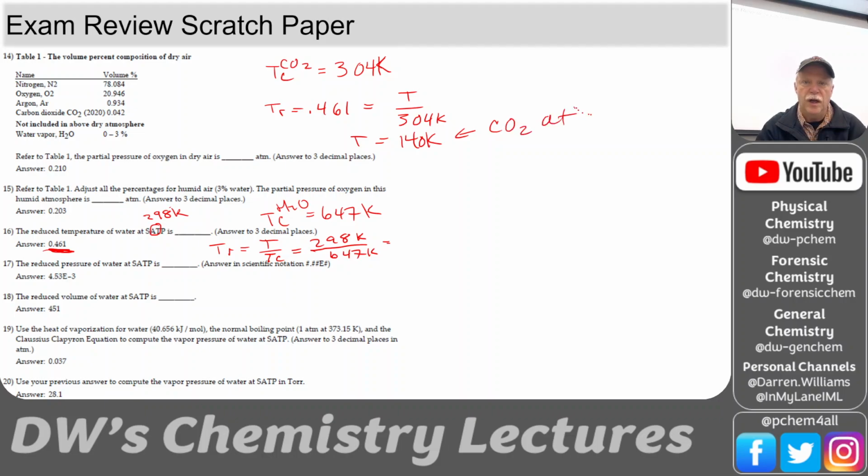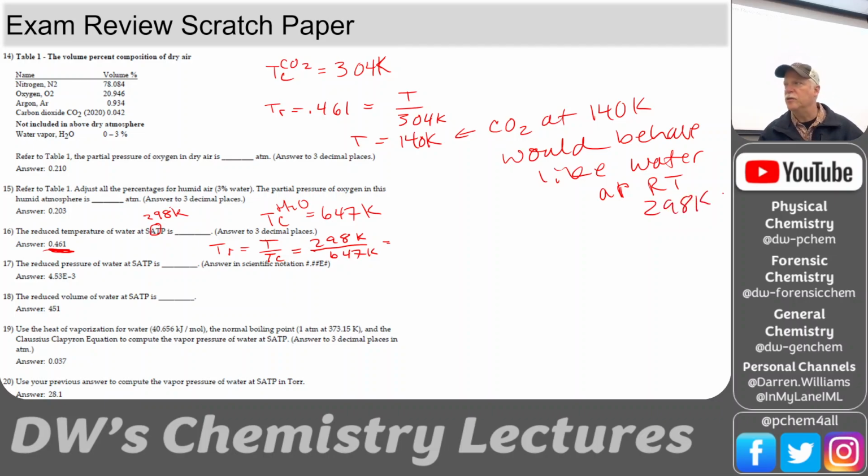CO2 at 140 Kelvin would behave like water at 298. So that's why we use those reduced temperatures and pressures. When I say behave like, it would have the same equation of state, essentially the same pressure, temperature, volume.